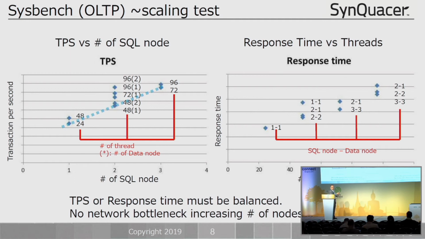Only 1,000 bytes are inside one packet. So it's not effectively loaded on the network side, but we can try to increase the nodes more. Then we'll see where the bottleneck of this entire system will be.